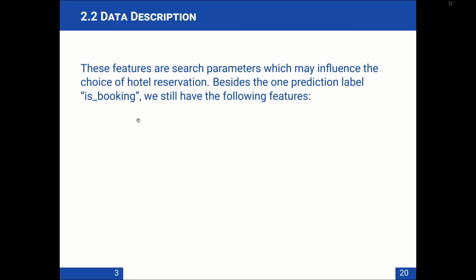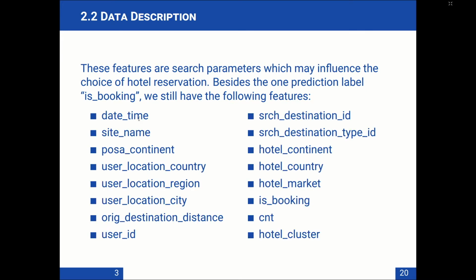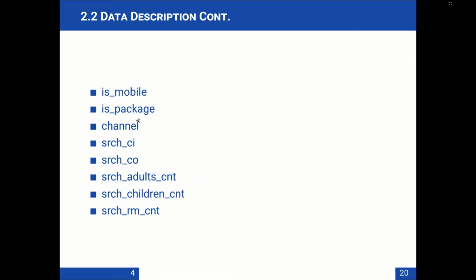Each row of the dataset contains 24 columns, which are the research parameters produced by Expedia, apart from the column is_booking, representing the booking outcome. These features are research parameters which may influence the choice of hotel reservation, like historical price, customer star ratings, geographical location relative to city center, and so on.